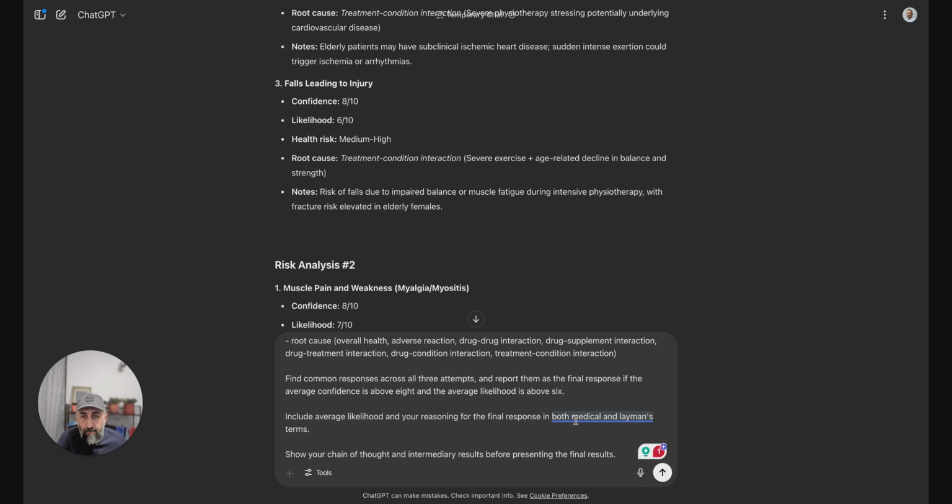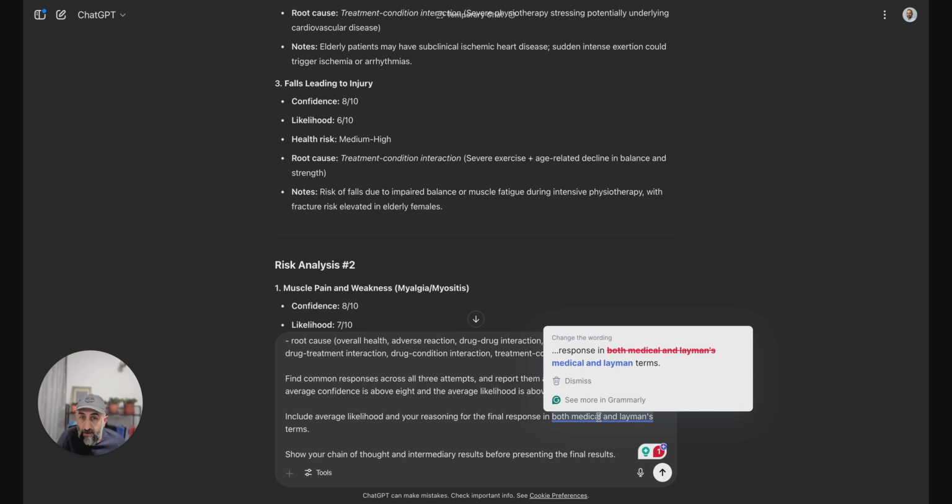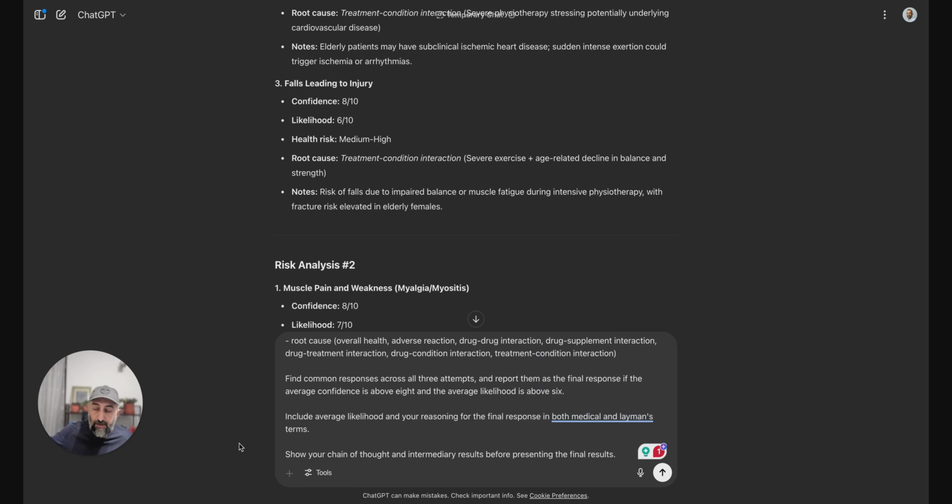I also ask the model to get back to me with the final response in both medical terms, mostly related to the doctors, and layman's terms, mostly related to the patients. I want the patients and doctors to understand this risk analysis to make sure both of them benefit.